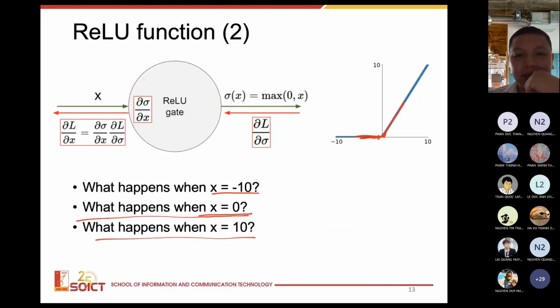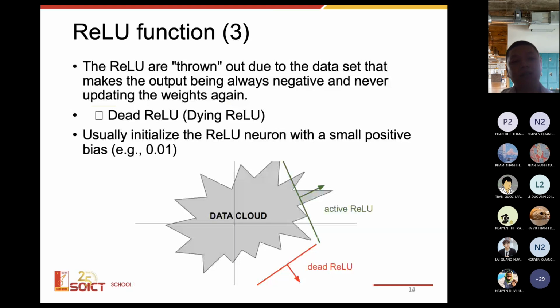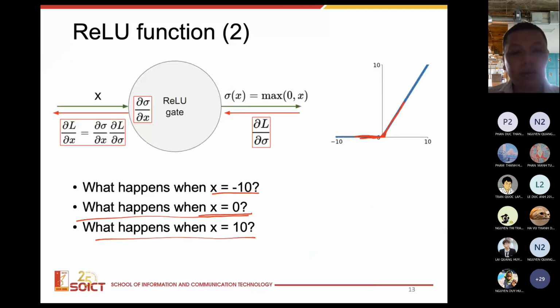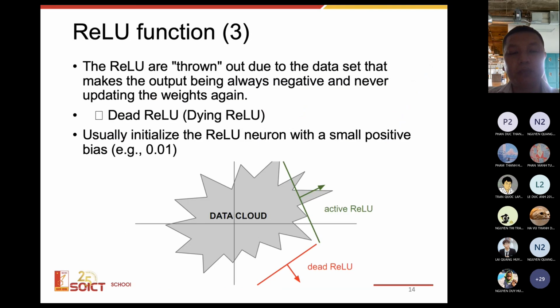Okay, so for the ReLU function, when the input is negative, the output is 0, and in that case, people say that the ReLU is thrown out due to the data set that makes the output always negative.